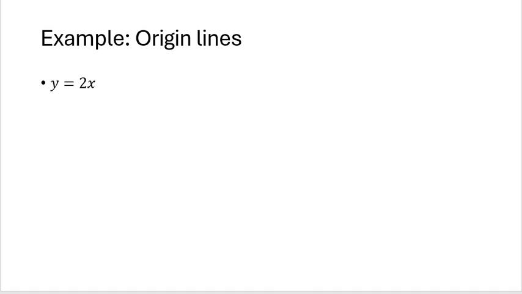So I have this example here, y equals 2x. We know that the x-intercept and the y-intercept is at (0, 0). Now we're just going to substitute x equals 1.